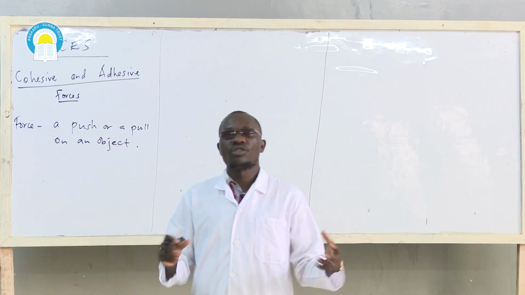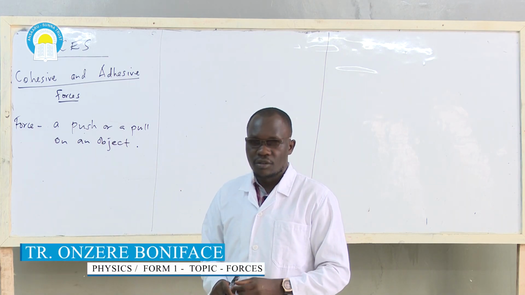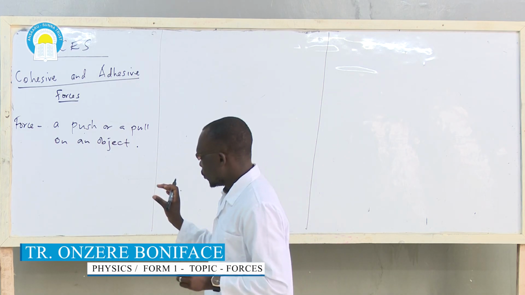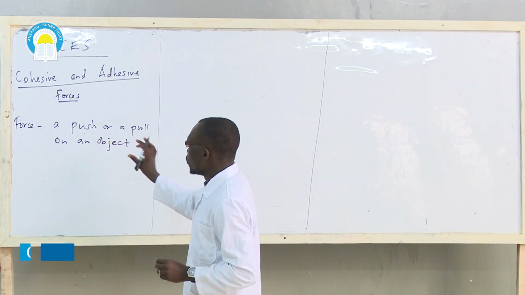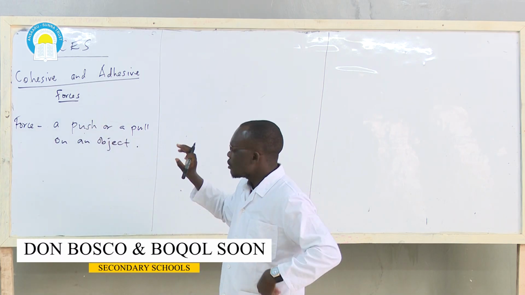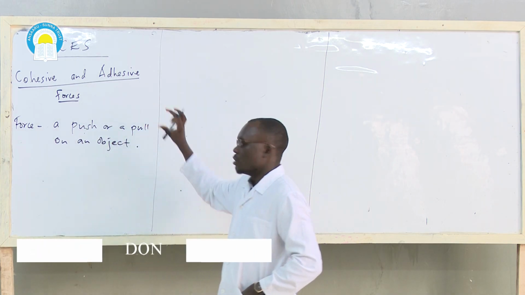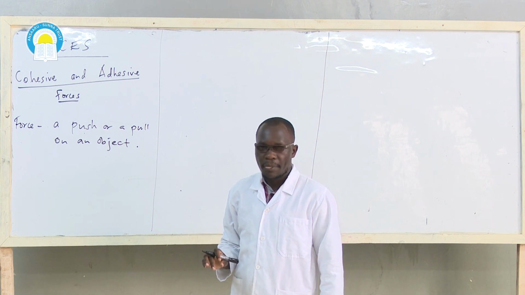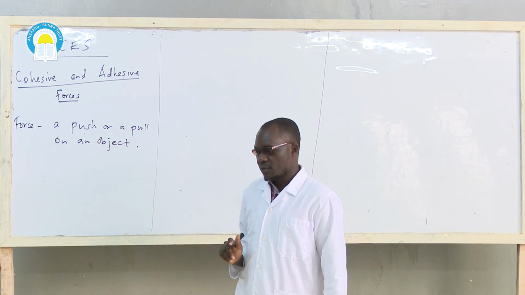When it comes to writing, he also includes that mistake. So make sure you are able to differentiate between the letter P and letter B. So force is a push or a pull on an object, not a bush or a bull.